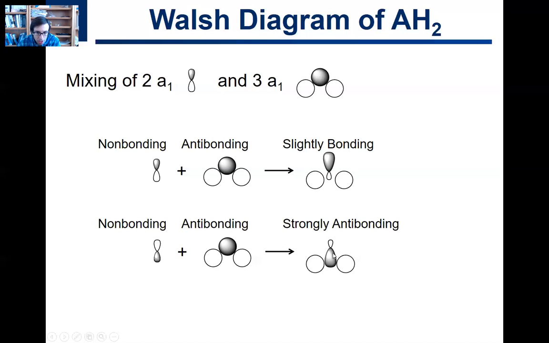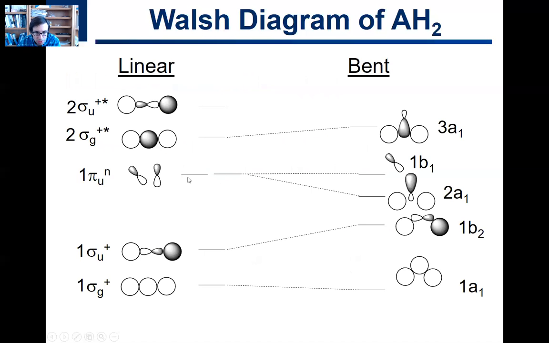Well, we got a big lobe here breaking up, getting strongly anti-bonding interactions between here. So we turn a non-bonding and an anti-bonding to slightly bonding and a strongly anti-bonding. That should make sense, right? Because one went up, that's what it looks like, and one went down, and that's the picture we derive.